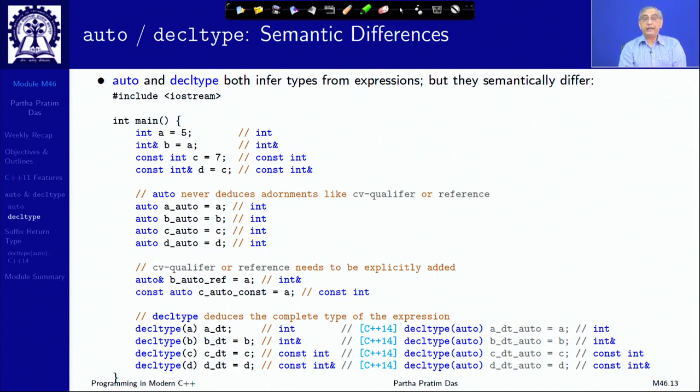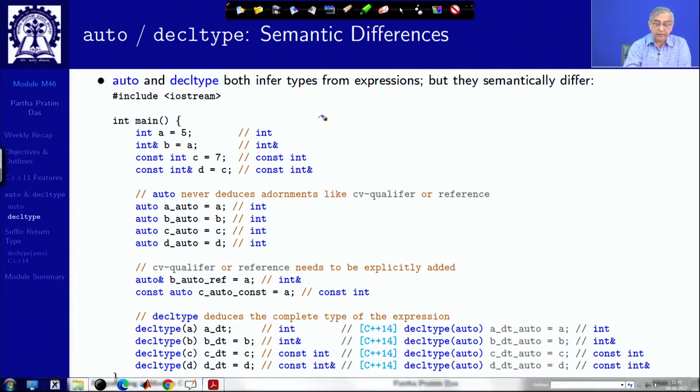So, let us see how auto and decltype are similar as well as somewhat semantically different. First consider a set of declarations: int a, int reference, const int reference. If you check the type of all these variables a, b, c, d, you will get the corresponding types as written.